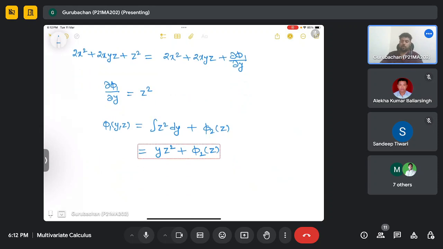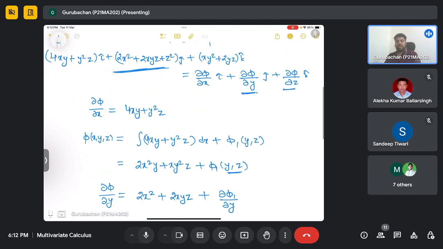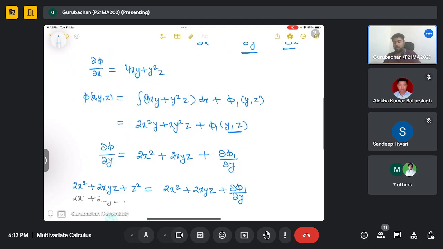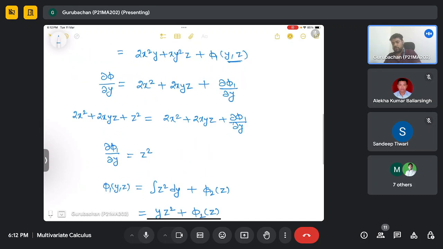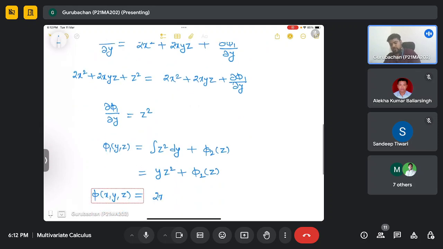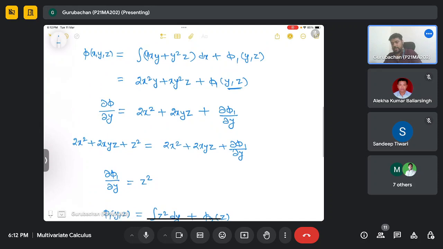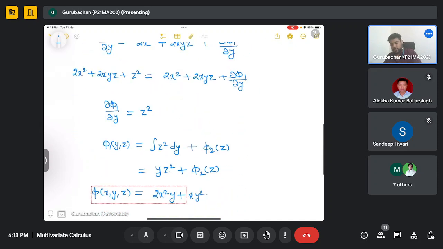Now we want to calculate this phi 2 of z, for which we can use del phi by del z. For that, we first write phi xyz, which was 2x square y plus xy square z plus yz square plus phi 2 of z.